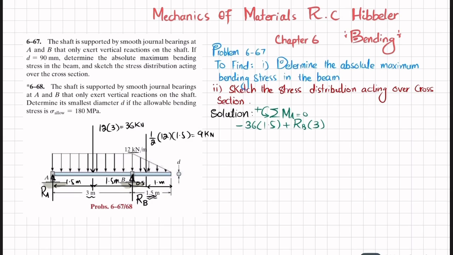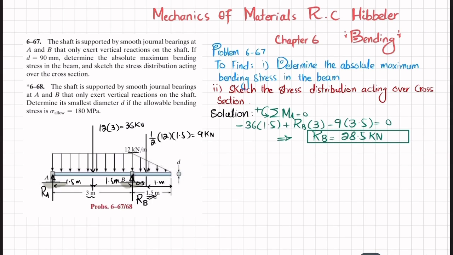So I will write minus 9 into 3.5 is equal to 0. So when you calculate this, you will get RB is equal to 28.5 kilonewton. This is the value of RB.